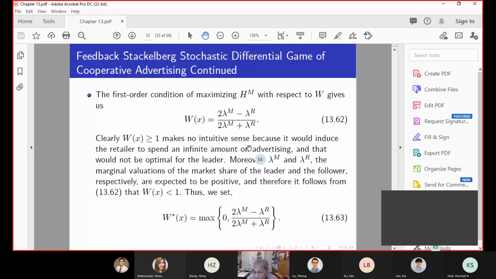So there is no way the mathematics will give you more than 1. So one side is clear, but it can go below 0. That's possible, so we have to say max of 0 and this. If this becomes negative, we have to set it to 0. This is important. This is all in the paper, but these are important issues to deal with, and that's what's happening here.